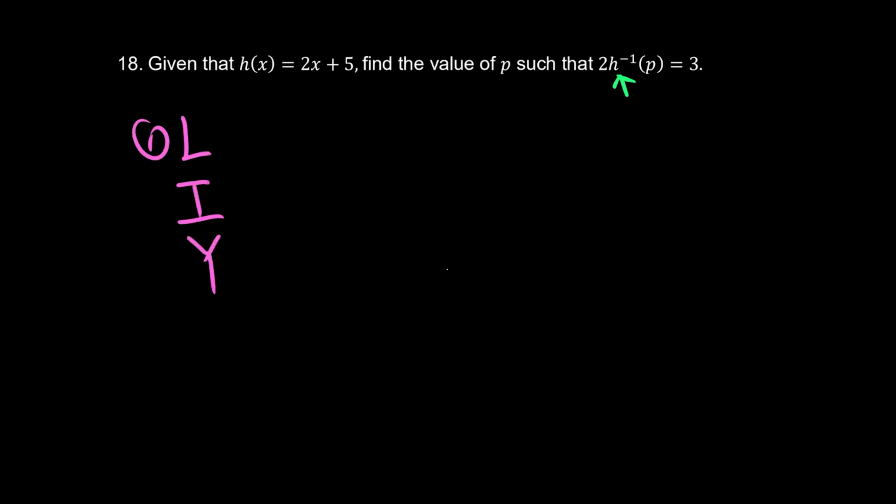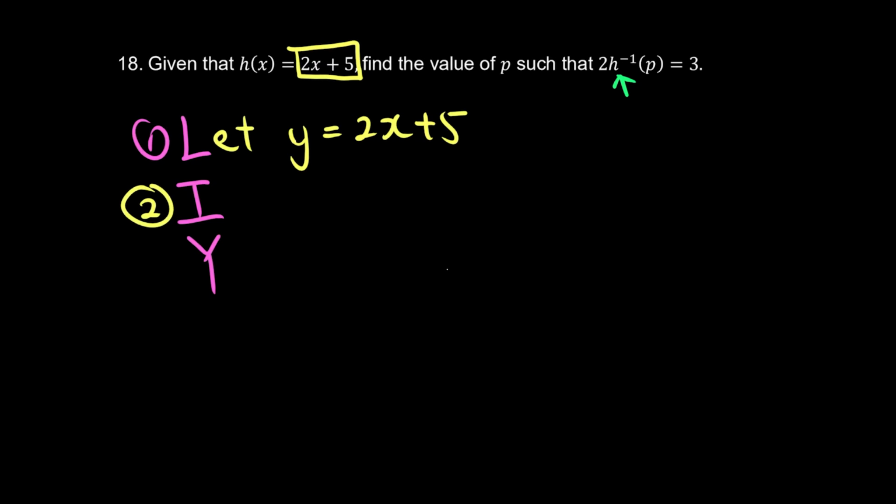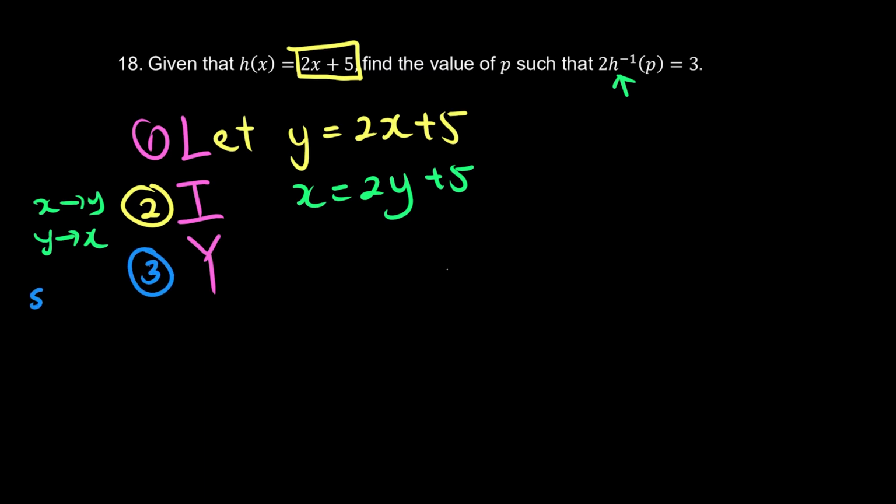Step number 1, let y be equivalent to the function here. Step number 2, interchange x and y. x becomes y, y becomes x. The last step is to solve for y.